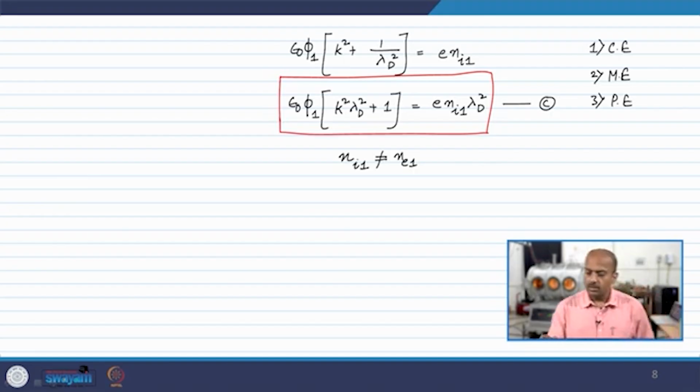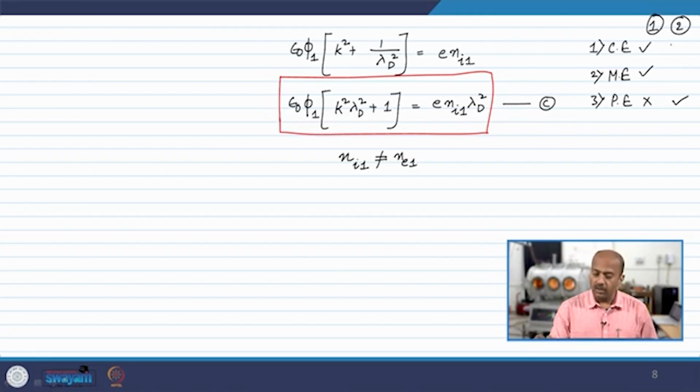In the first picture, the Poisson equation was not relevant because we assumed the plasma approximation to be perfectly valid, so we removed it. The momentum equation and the continuity equation were taken. In the second picture, when the plasma approximation is not valid, the Poisson equation was included and it was modified in terms of lambda d.